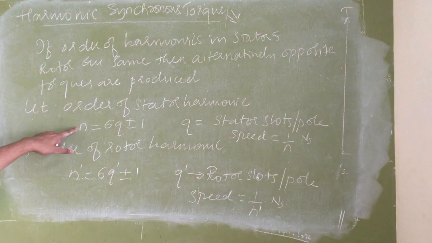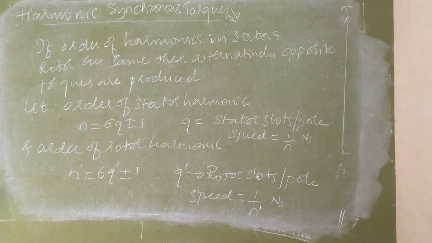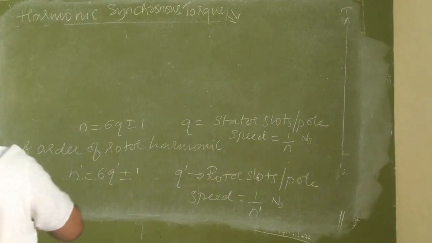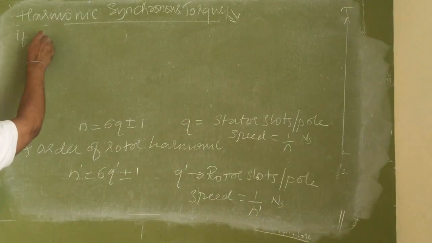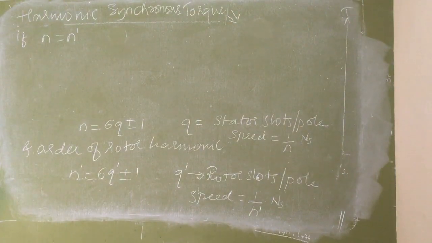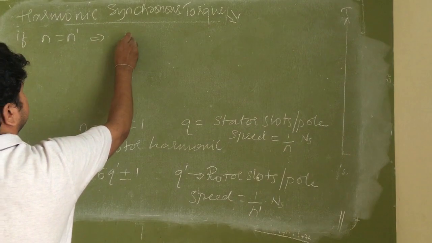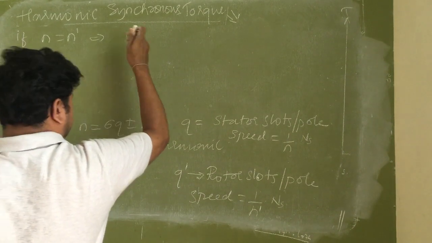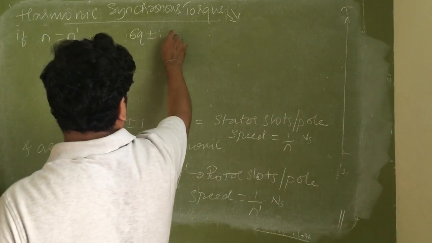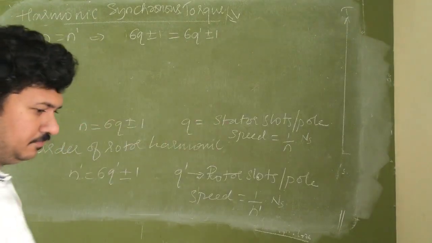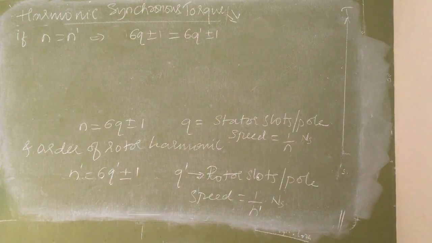Now if the order of stator harmonic and rotor harmonic are equal, that is, if n equals n dash, what we will get? This indicates 6q plus or minus 1 equals 6q dash plus or minus 1.